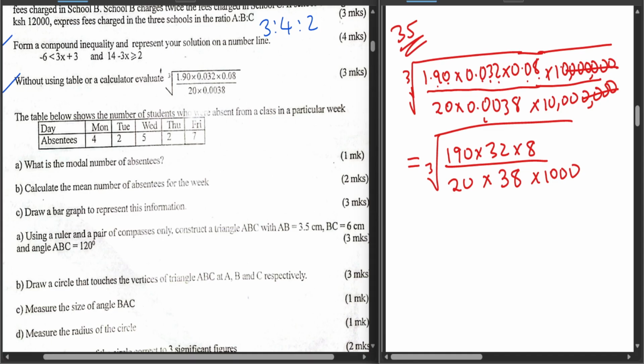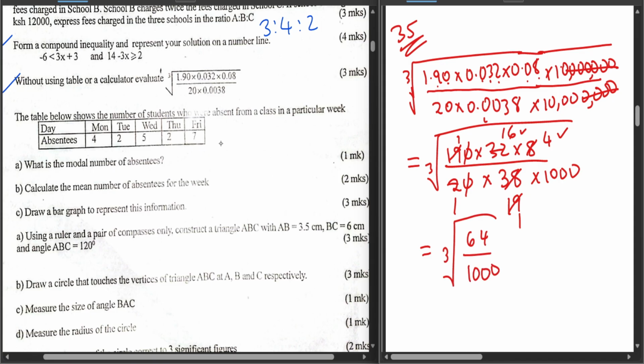Okay, now let's go slowly. This and this cancel out. By 2, 1; by 2, 16; by 2, 19; by 2, 4. 19 goes into 19 once, and as a result 16 times 4 gives you 64 over 1000.